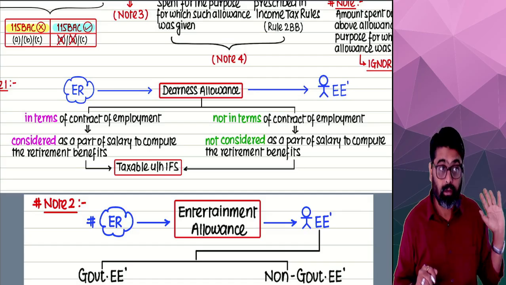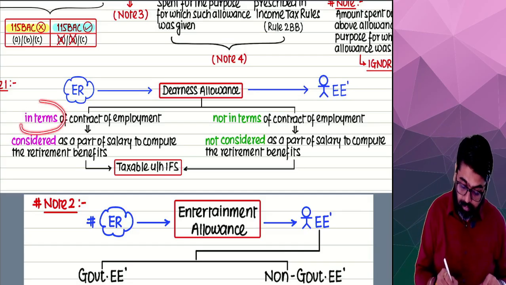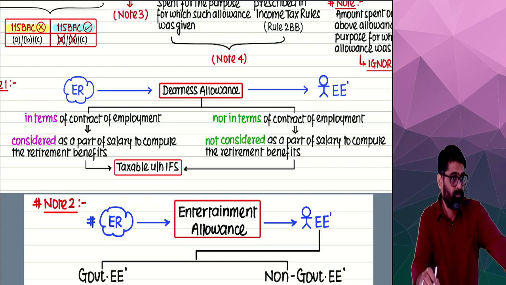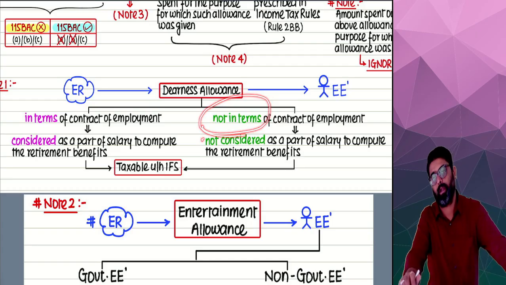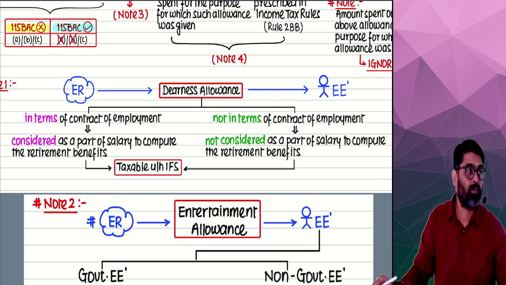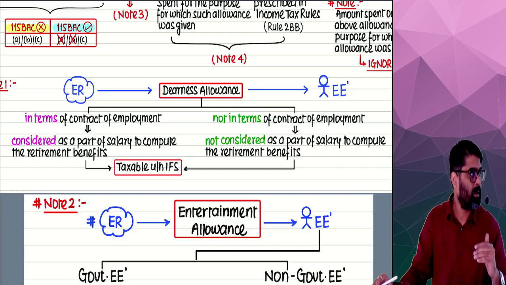Always taxable. But the DA can be given as per the terms of your employment contract, or it is given but it was not in the terms of your employment contract. Will you enter into an employment contract with your employer? Yes.